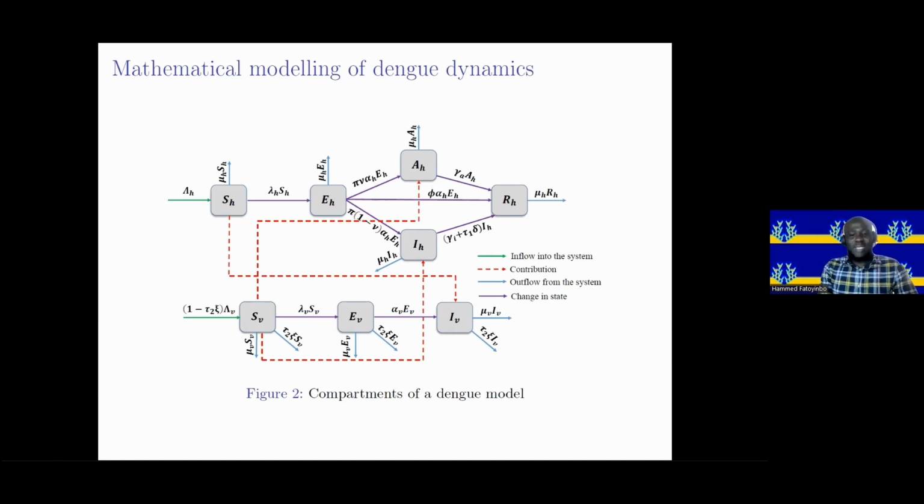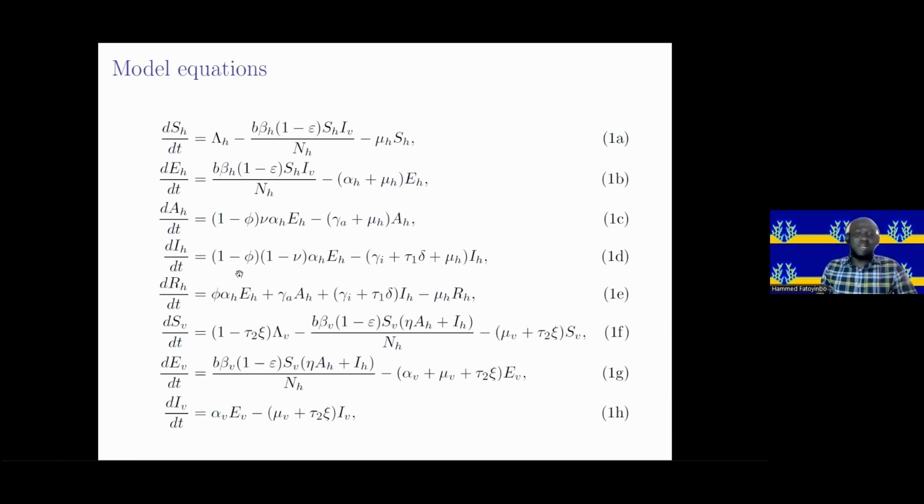In doing that, we formulated a mathematical model of 8 equations, depending on the class, from SH, the susceptible humans, up to IV, the infected mosquitoes. All other terms here, apart from the epidemiological classes, are the model parameters.